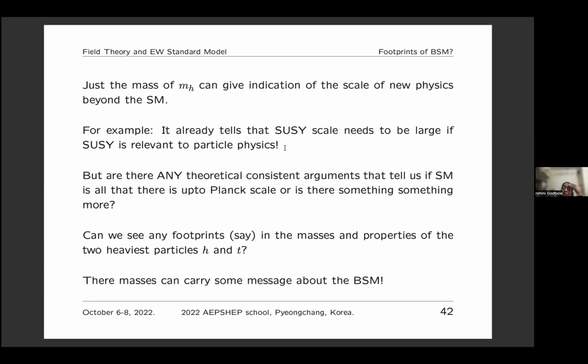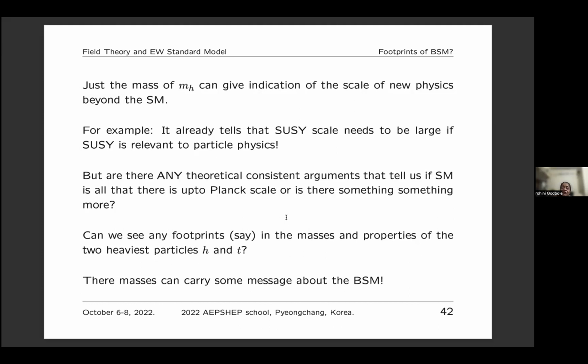And therefore, this already tells us that the masses of the SUSY particles should be very large if SUSY is going to be relevant to particle physics. That is from the Higgs mass measurement. So in principle, there is nothing much wrong if we don't find SUSY at the LHC till now, because the SUSY scale is expected to be large if the measured Higgs value is any indication.